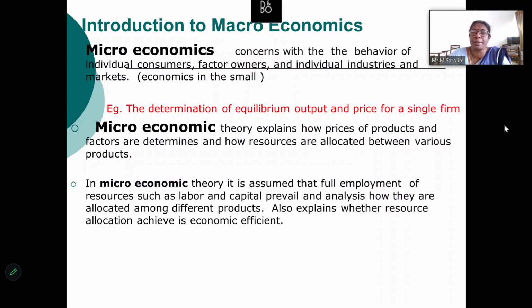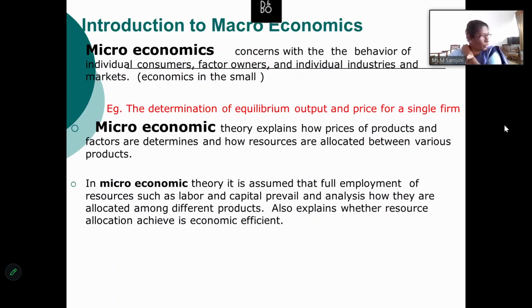Who are the factor owners? Households are the factor owners.